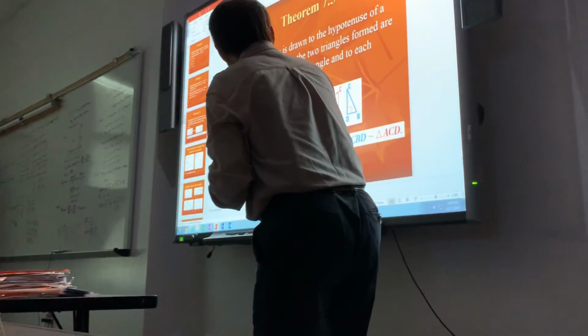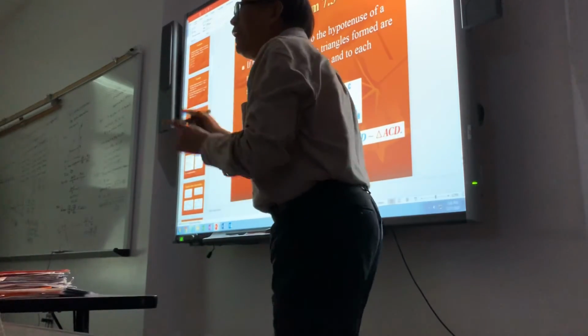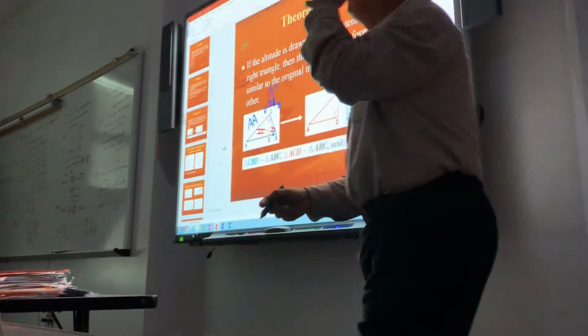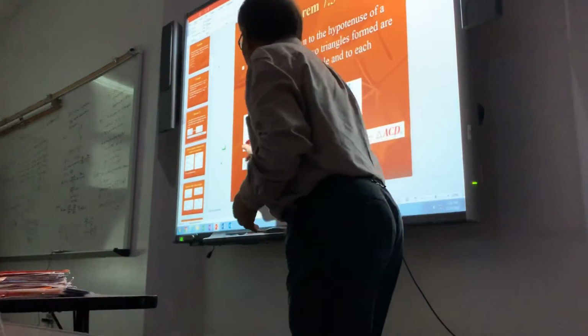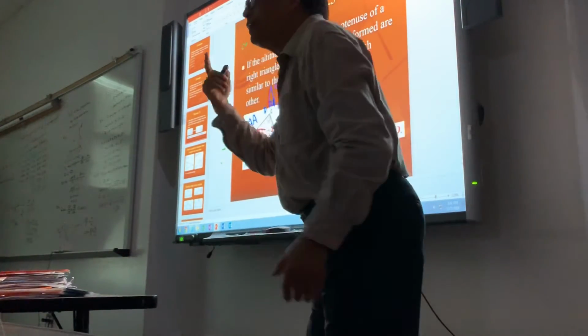This angle is B, this angle is B, two angles. By AA, they are similar. Do you understand? The original ABC and CBD are similar.